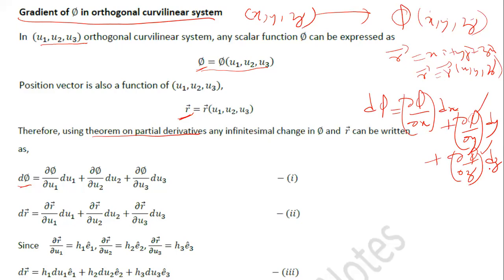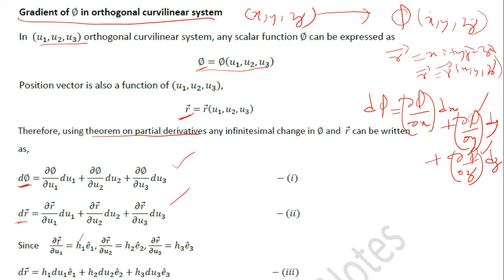So similar to that, you can just follow the analogy here. In the case of the 3D Cartesian system, you can write the change in phi in terms of u1, u2, u3 coordinate variables as this, and any change in dr can also be written like this, right? So when we discuss the tangential unit vectors, we have defined the scale factors h1, h2, and h3.